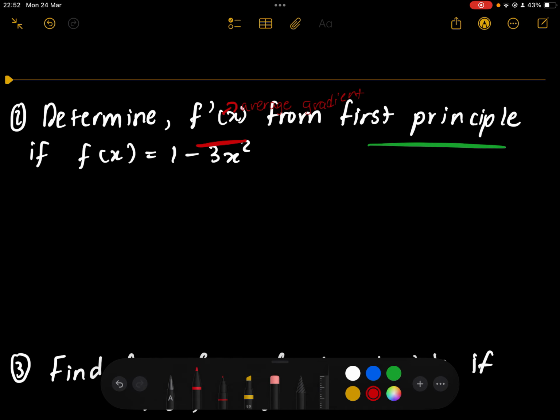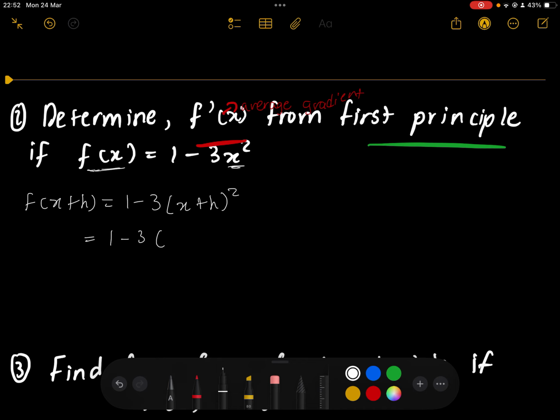Remember the formula for the first principle. Here you only have f at x, but it will require you to determine f(x plus h) also. So where there is an x, you're going to add the h. Here there's an x squared. Remember I said we must add the h on the x, so you put a bracket, x plus h, and then all squared. The squared is outside. So we say 1 minus 3 and then deal with the brackets.